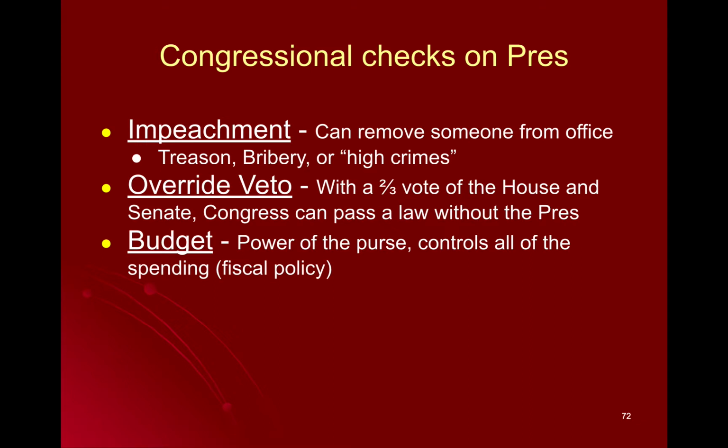And this is the big battle between the president and Congress every single year, because Congress cannot spend money unless they've passed a budget. And just like a bill that has to be passed, it must be passed by a majority of the House and a majority of the Senate, and it has to go to the president for a signature, assuming there was not a 2/3 vote of both chambers.